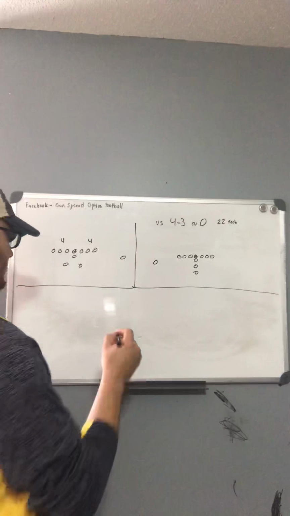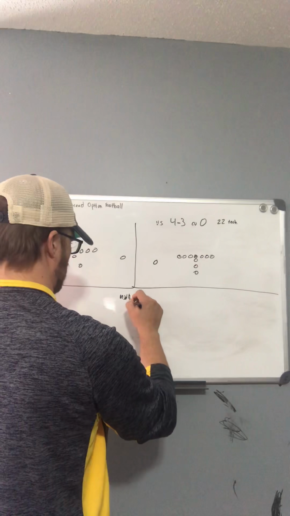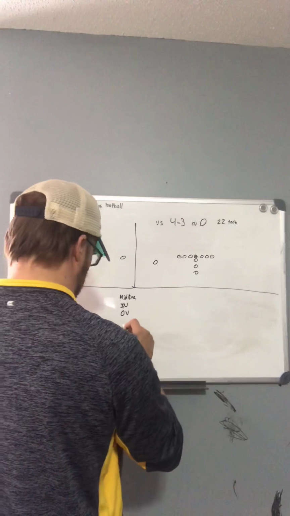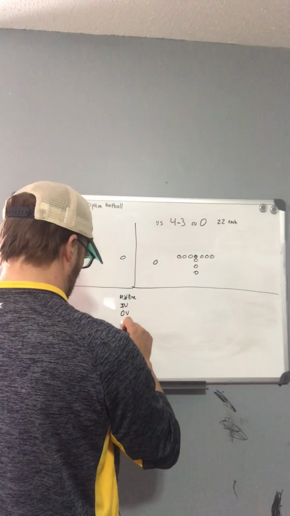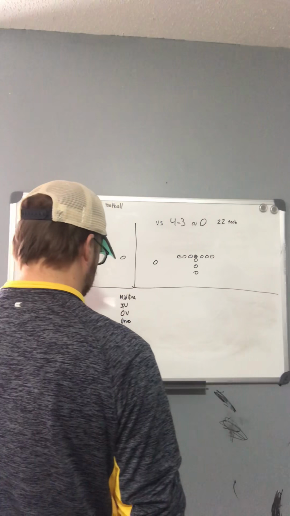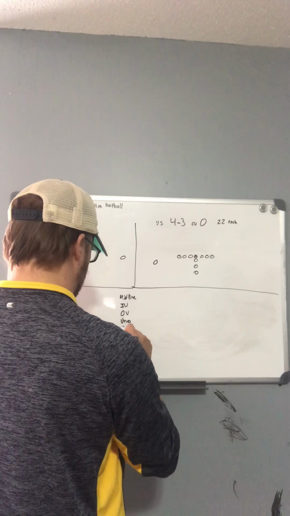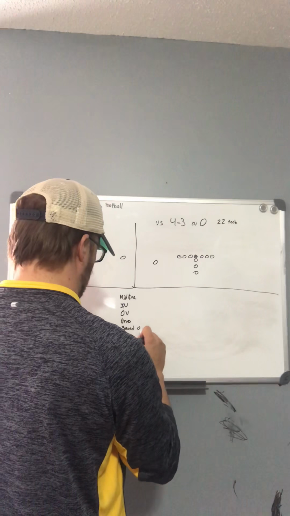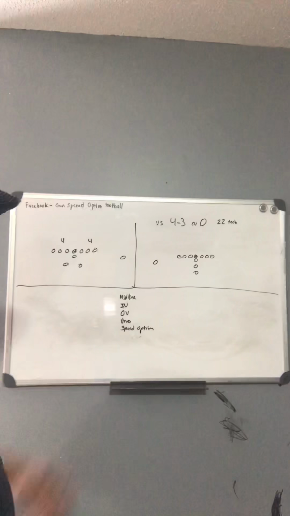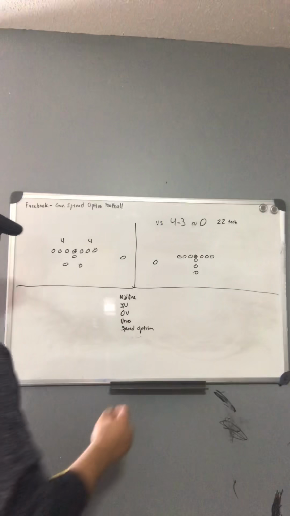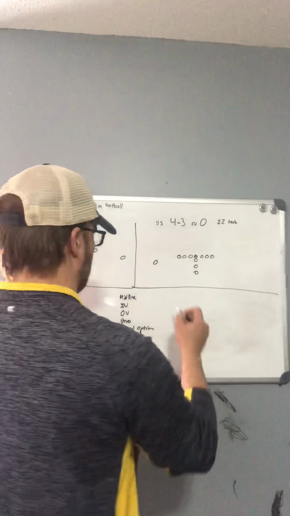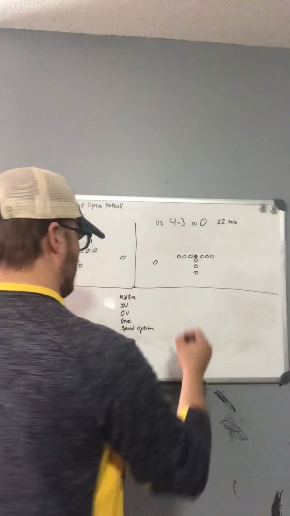What we have is midline, inside veer, outside veer, uno, and speed option, which is new to our offense. We have 5 plays. But what we do when calling these is I look at the defense ahead of time.